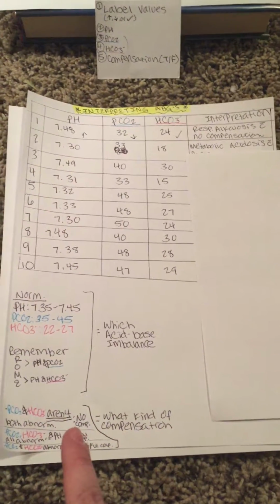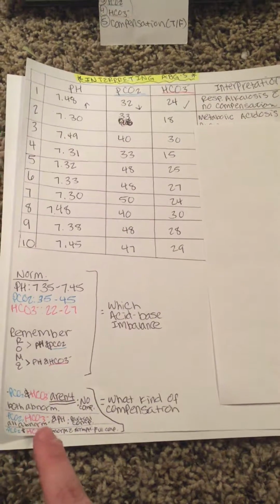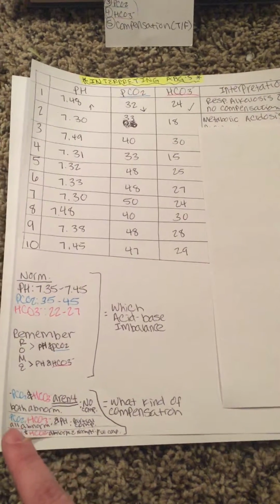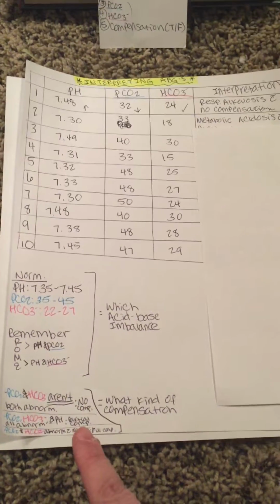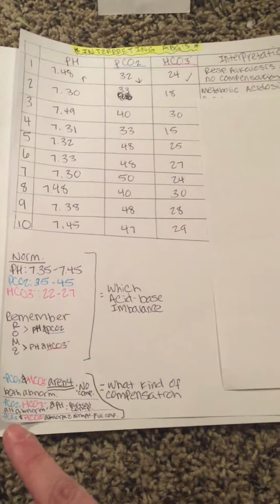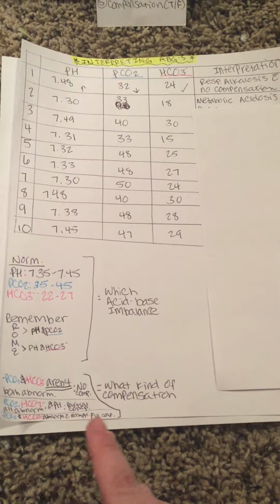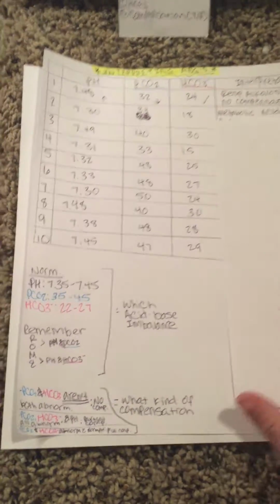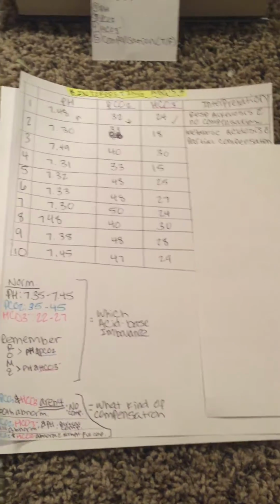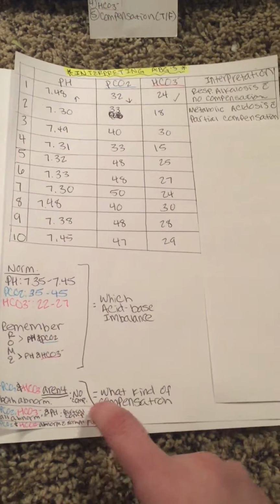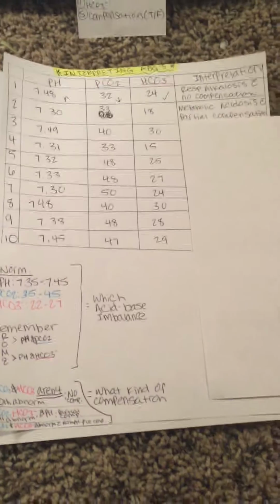Is that true or false? PCO2, HCO3, and pH all abnormal. Is that true or false? And PCO2 and HCO3 abnormal with a normal pH. Is that true or false? Okay, so you'll have metabolic acidosis with partial compensation because this statement is true.